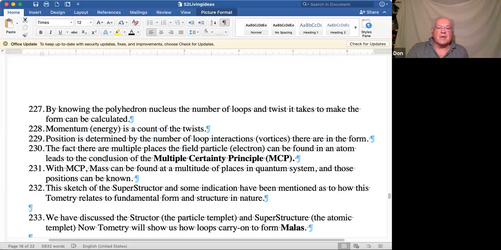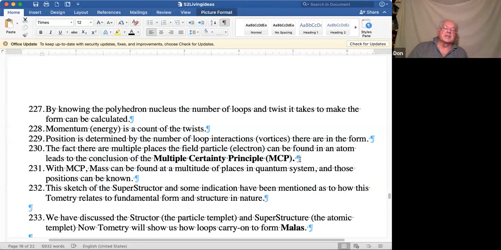The fact that there are multiple places the field particle, the electron, can be found in an atom leads to the conclusion of the multiple certainty principle. I see this as a more exact way of understanding the certainty of an atom.